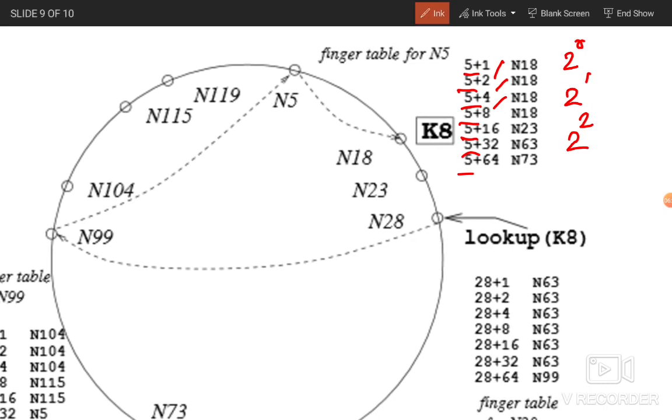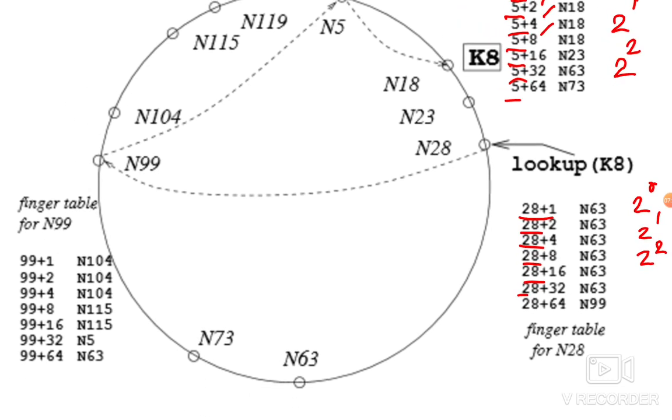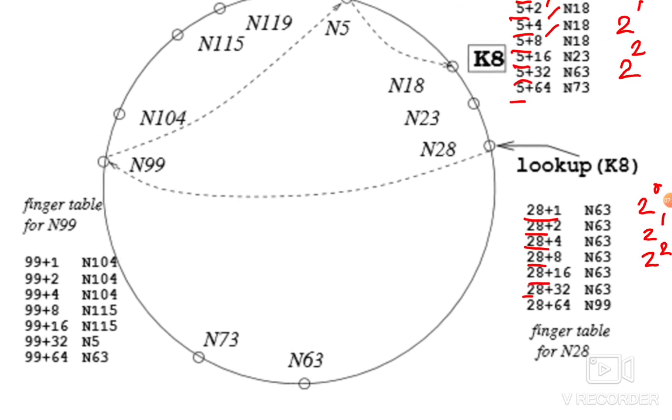For example, to build the finger table of 28, initially you put the value 28. Then you add 2^0, 2^1, 2^2, like that. Then you map the key 29 by finding the successor of the key 29. The successor of 29 is 63 and the successor of 30 is also 63.